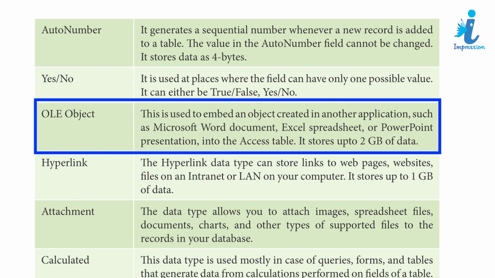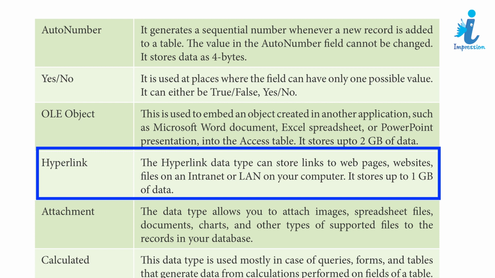OLE object. This is used to embed an object created in other applications such as Microsoft Word document, Excel spreadsheet, or PowerPoint presentation into the Access table. It stores up to 2 GB of data. Hyperlink.